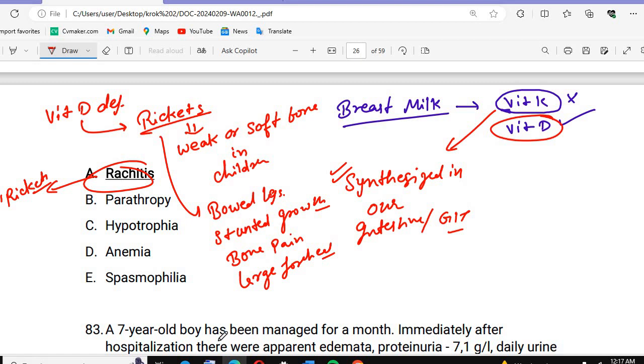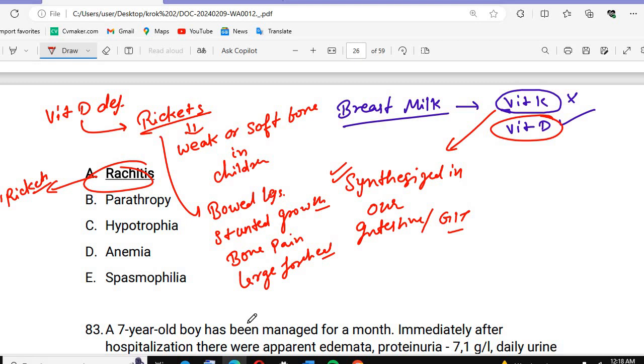So anemia is not possible, because in breast milk, other than the vitamins, the baby can have problems with iodine, iron and vitamin K. But vitamin K can be deficient, but as I told you, it will not be deficient in the baby after 1 month, because our body is trying to synthesize vitamin K. That's why we give the vitamin K injection at the time of birth, because our GIT tract is not fully developed to synthesize vitamin K inside our body.